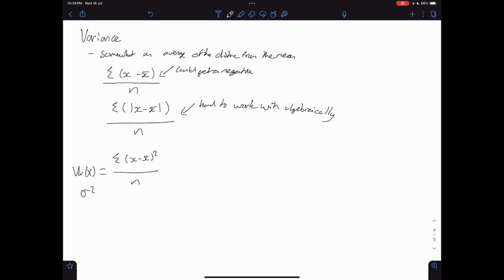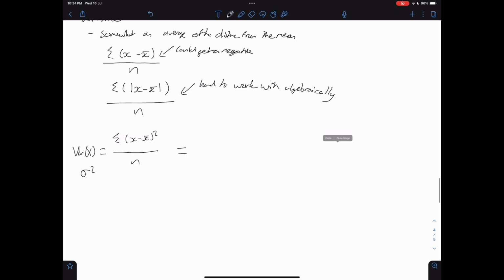And that's the formula. However, this is fairly tedious to work with. So generally we actually use this easy to use formula: sum of x squared over n minus x bar squared, and that's the mean.